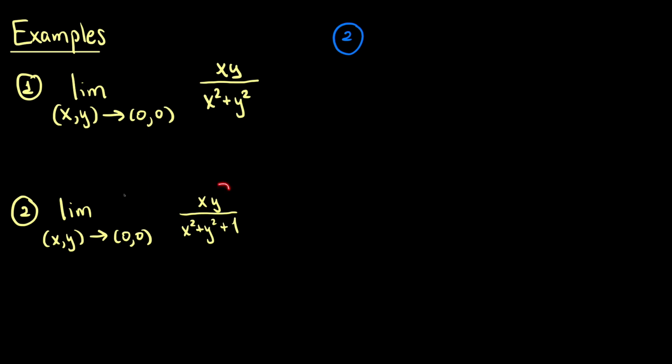So the numerator is going to 0 for sure, and the denominator is always bigger than 1. So this is clearly going to go to 0. So we think that the limit should be 0, because the numerator is going to 0 while the denominator stays bounded below by 1.